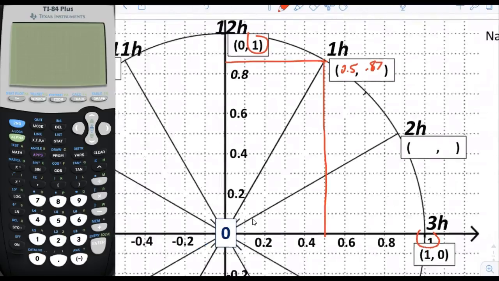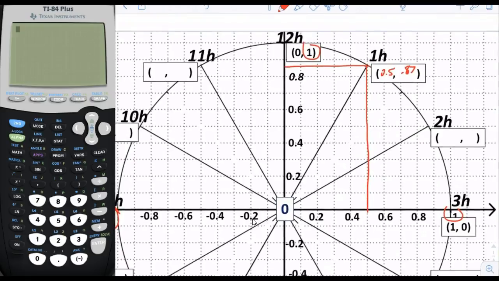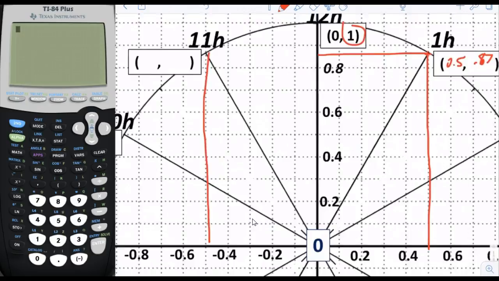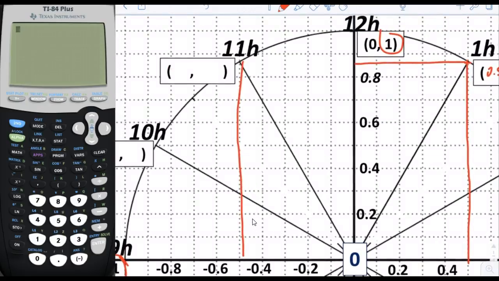And you could say the same for all the ones that are, look at that, that's like a reflection, right? We learned about reflections. Reflections are symmetrical about the y-axis in this case. So I'm going to put here, instead of 0.5, 0.87, negative 0.5, 0.87, because the x-coordinate is negative.